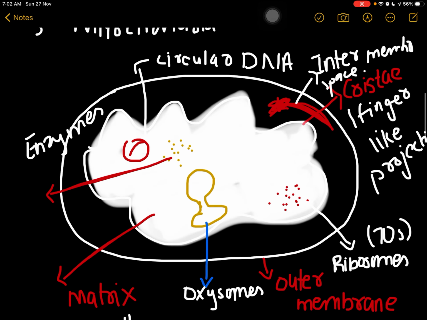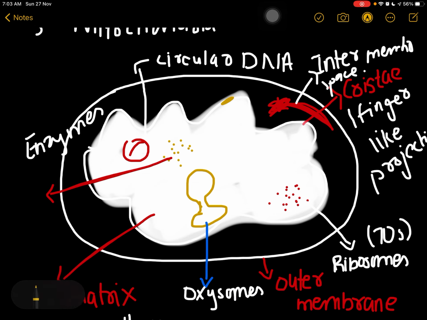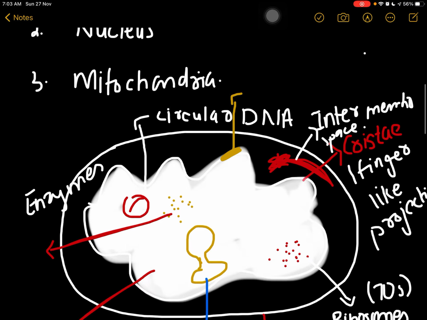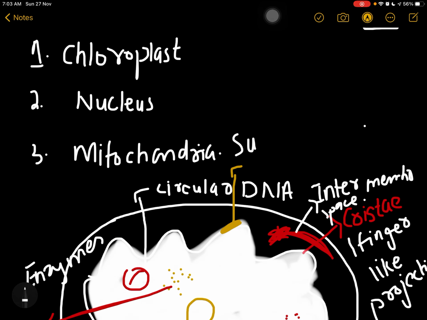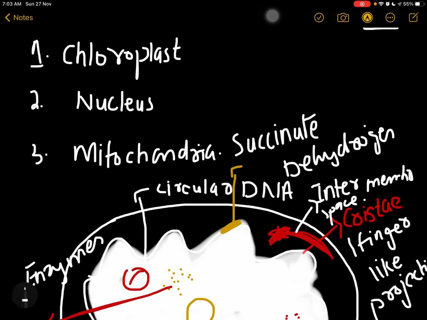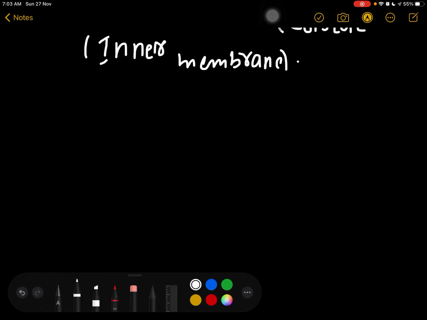So here you can see this respiration. Here is another enzyme which is present on the inner membrane, in the cristae. This enzyme is known as succinate dehydrogenase. Let me write it here.